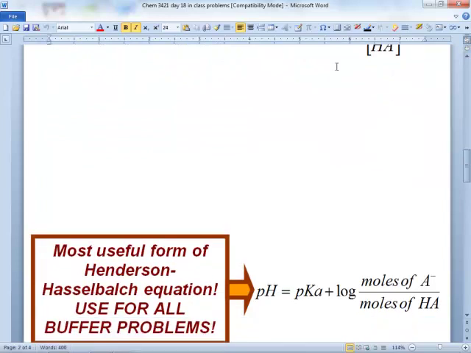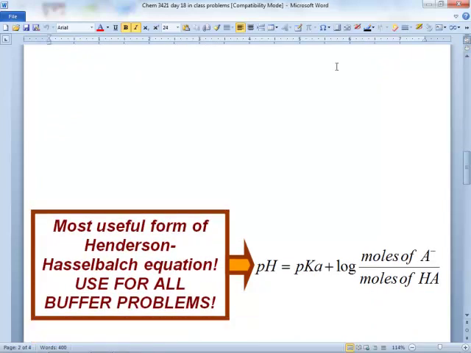Things are rearranged, and it's just so much easier. So this Henderson-Hasselbalch comes from ICE, but it's just rearranged to solve for pH. Solve for the negative log of the hydrogen ion concentration. Solve for the negative log of X in ICE to make life so much easier. Okay? So, Urandi, we know what pH is, but what's pKa?